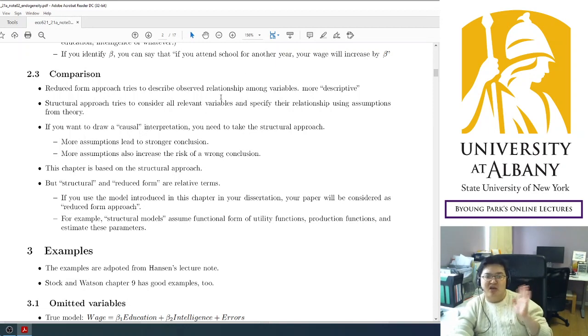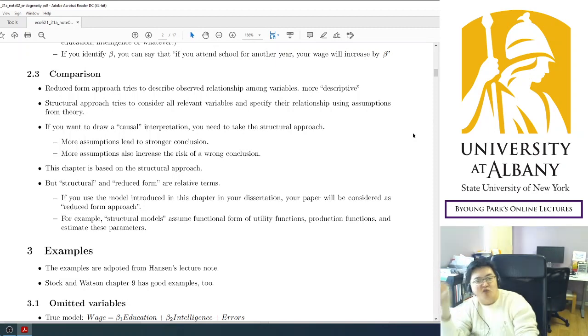The linear projection has no power to talk more about causal inference. That means you need to make more assumptions to get a stronger conclusion. But on the other hand, more assumptions make your conclusion more vulnerable, because the assumptions could be wrong.